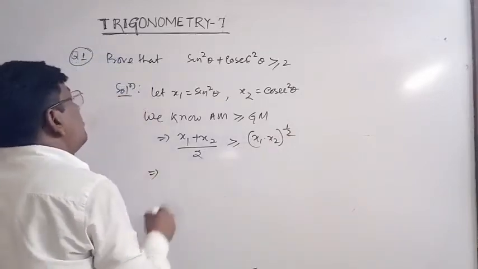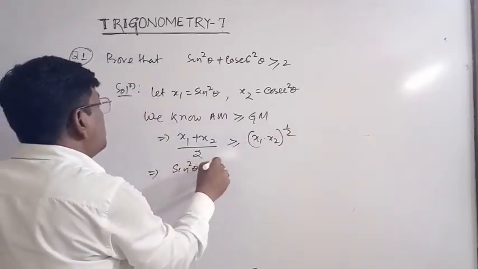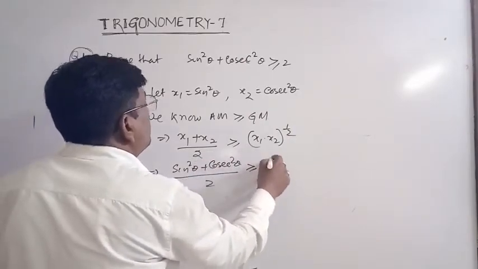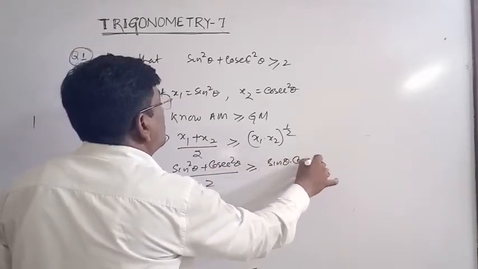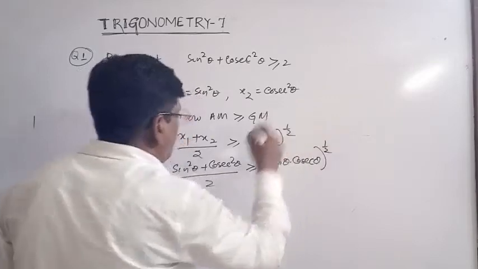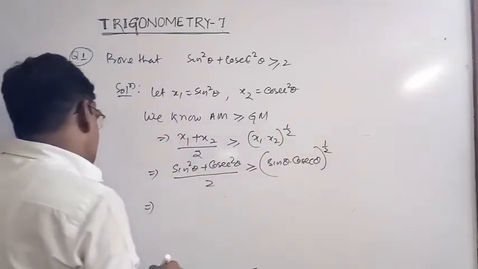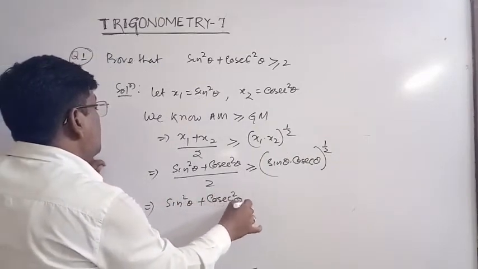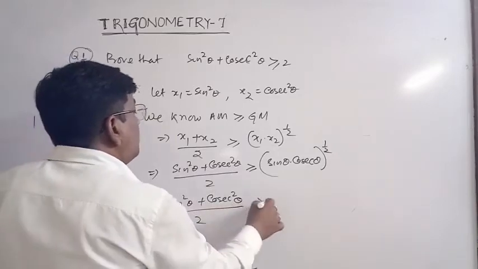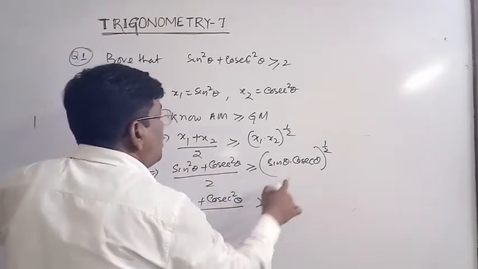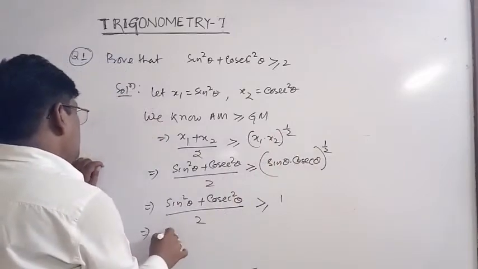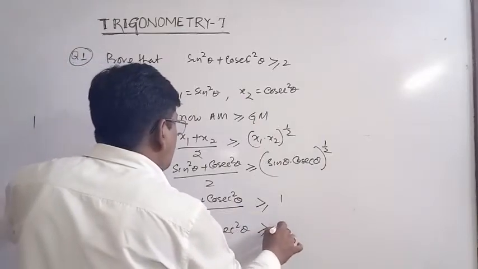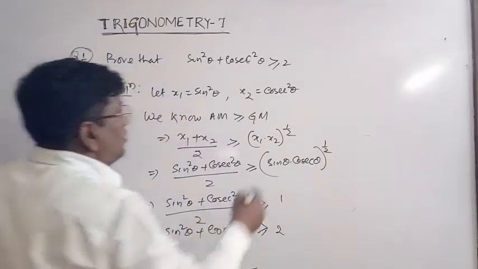So sin square theta plus cosec square theta by 2 greater than or equal to sin theta into cosec theta whole to the power 1 by 2. Sin theta into cosec theta is equal to 1, 1 to the power half is equal to 1. So sin square theta plus cosec square theta greater than or equal to 2.